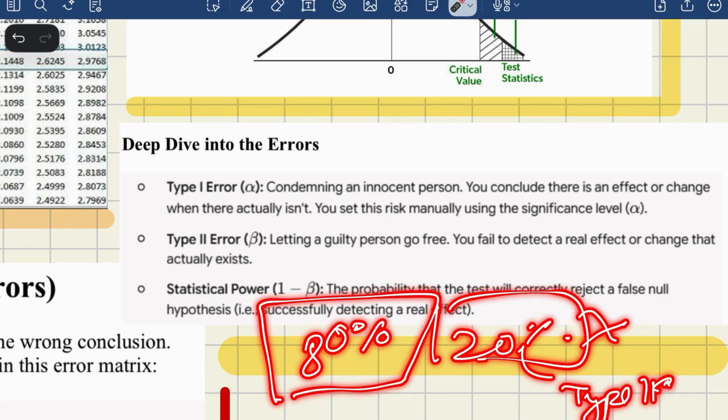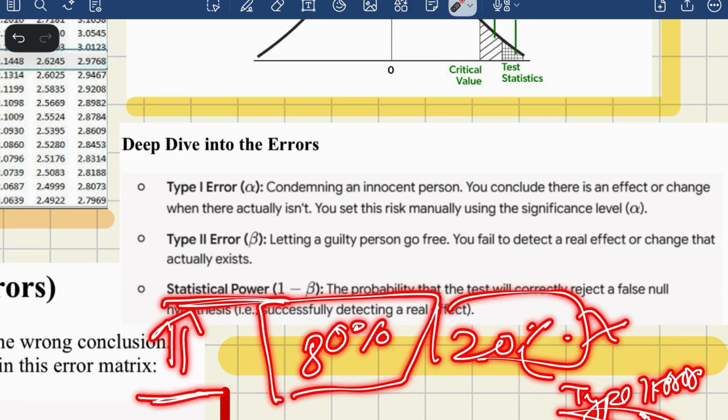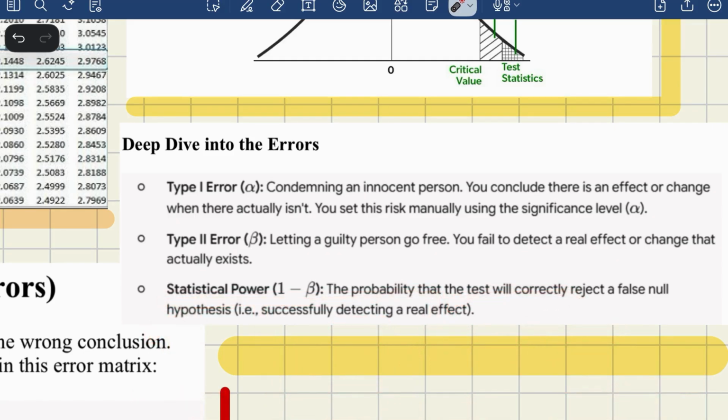As a data analyst, you always want your statistical power to be as high as possible, and you can do this by increasing the sample size. For the summary, in type 1 error we are rejecting the true null hypothesis, the innocent person.